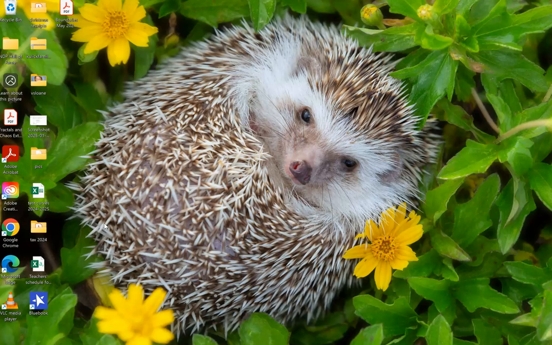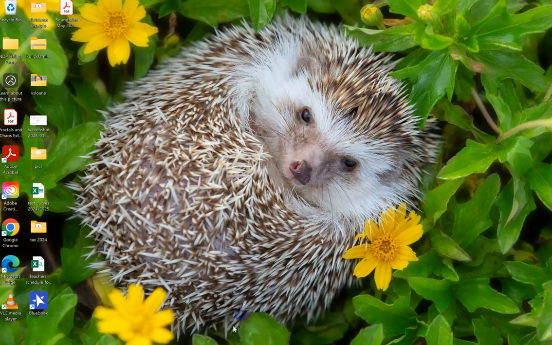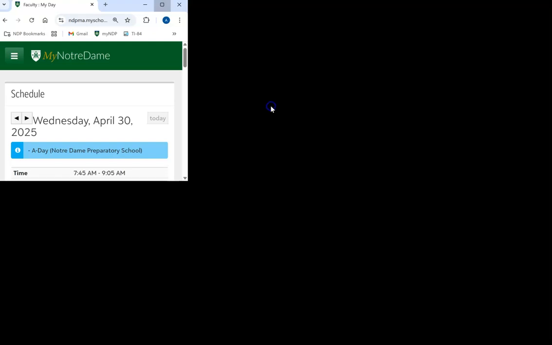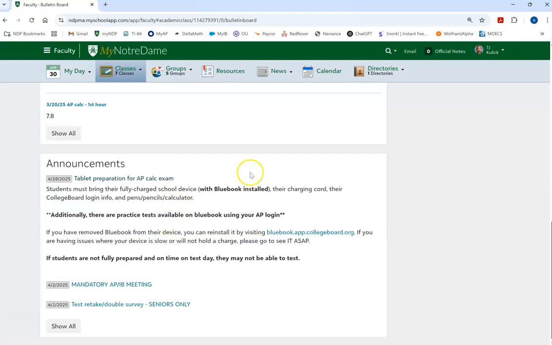The multiple choice is going to be done on your tablet, and the free response is going to be done on paper. To do the multiple choice part, you have to have the Blue Book app on your tablet, and your tablet needs to be able to sustain a charge long enough to finish the exam.